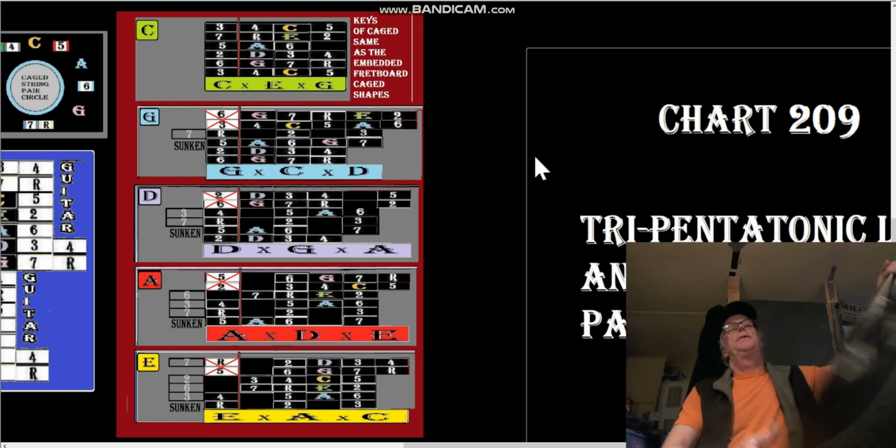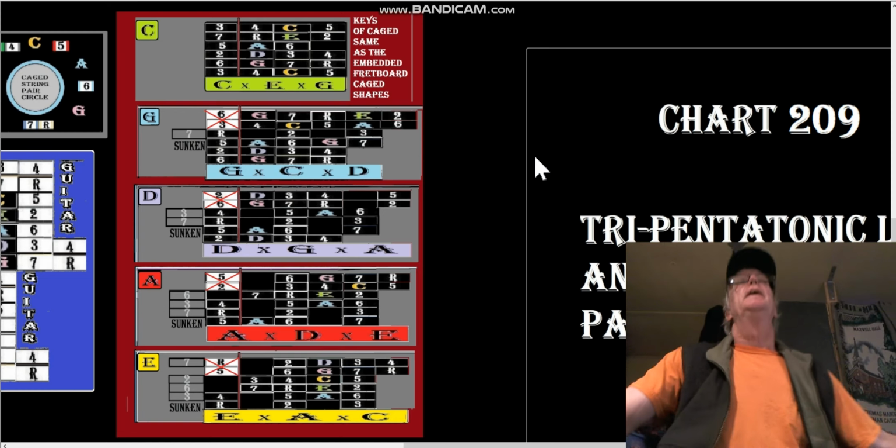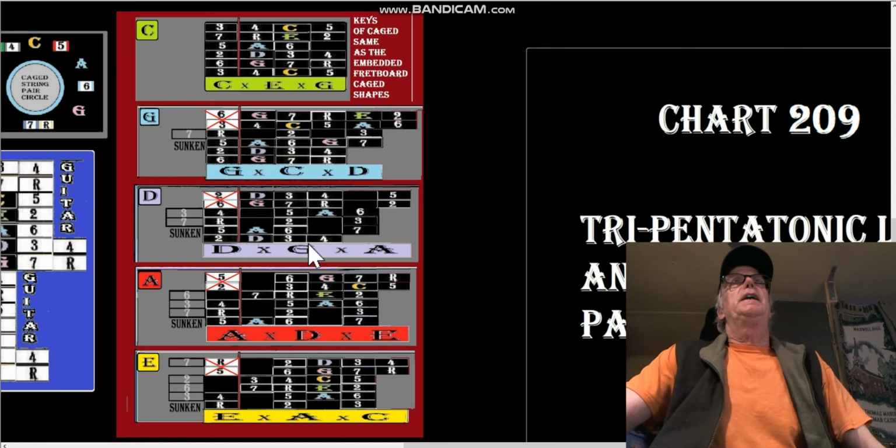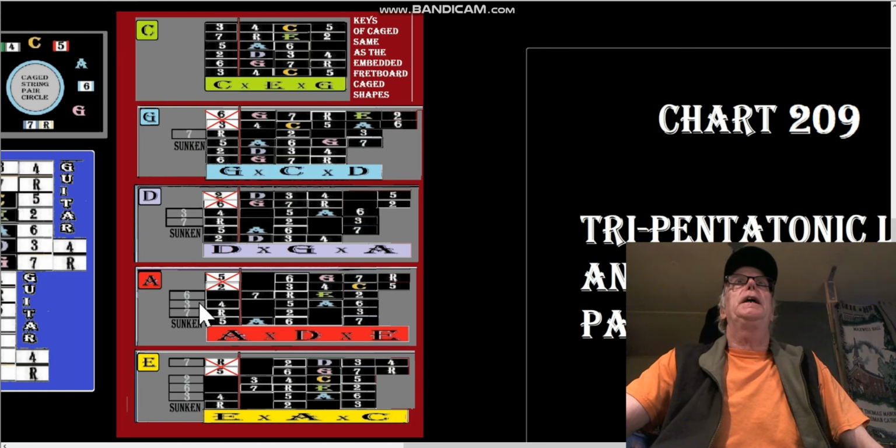Okay, so that's tri-pentatonic. Here's your keys of CAGED: C, A, G, E, D.